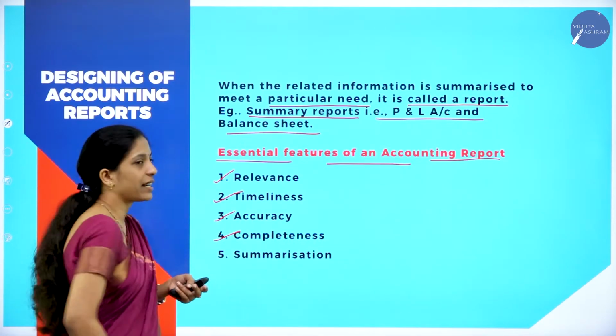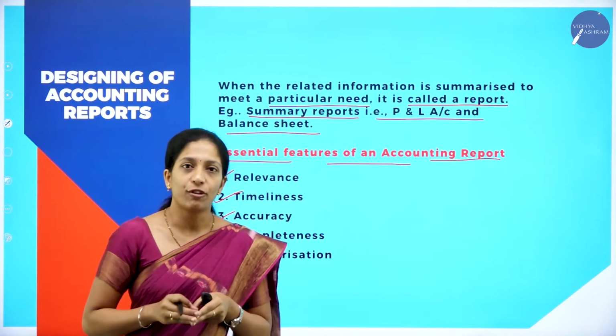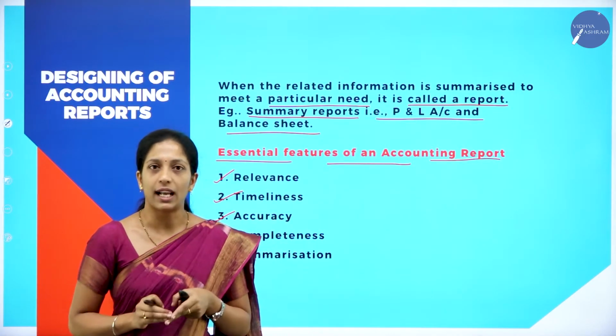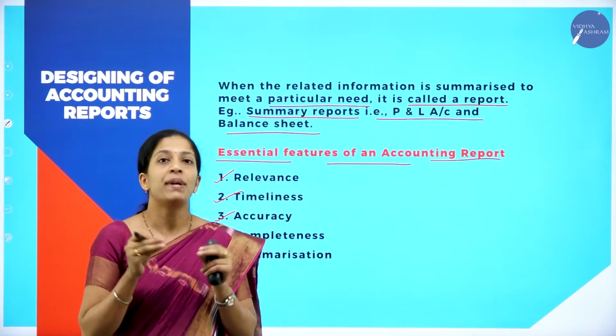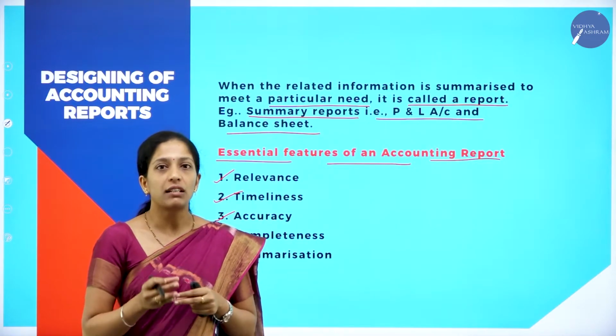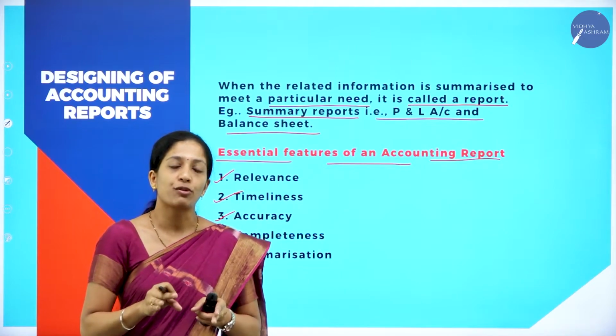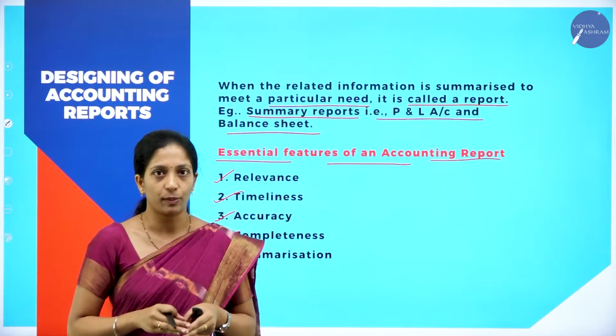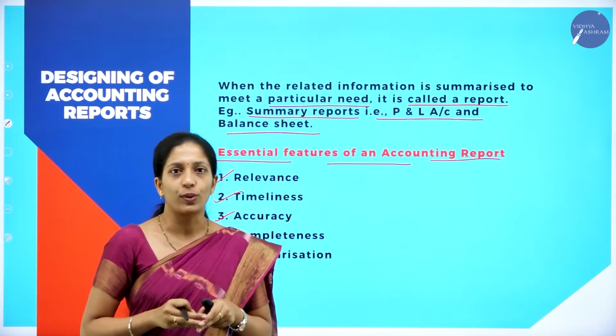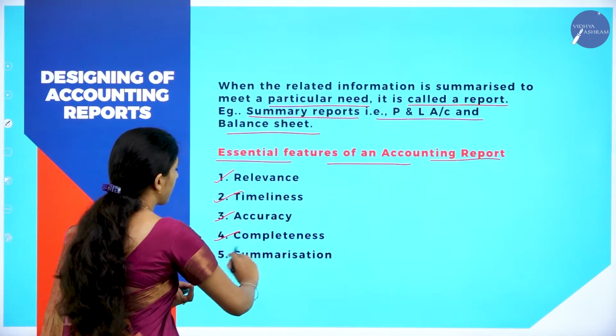Next one is completeness. It includes all the information which is fed by the organization. Whatever data has been fed into the computer, all the data will be processed into meaningful information, so a complete report will be there. Next one is summarization.